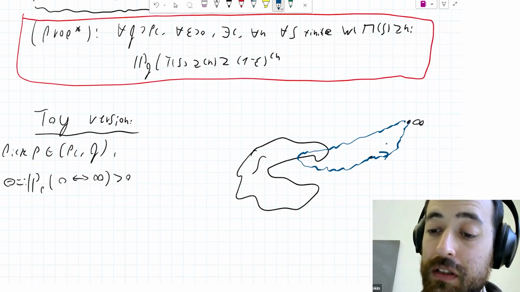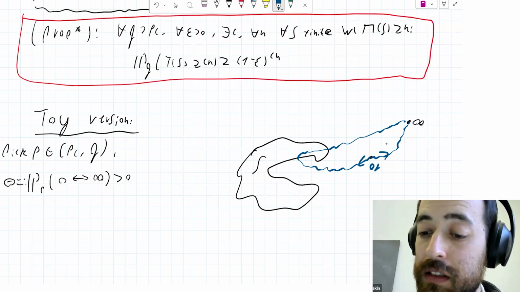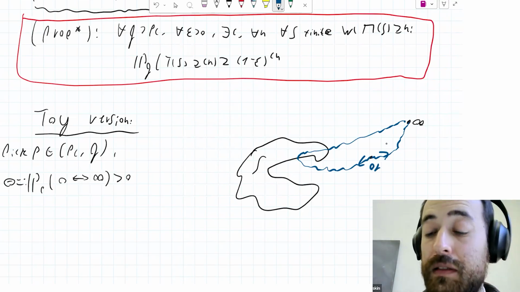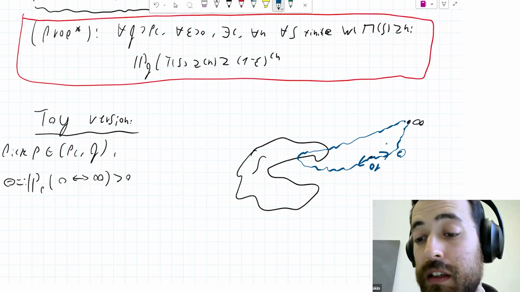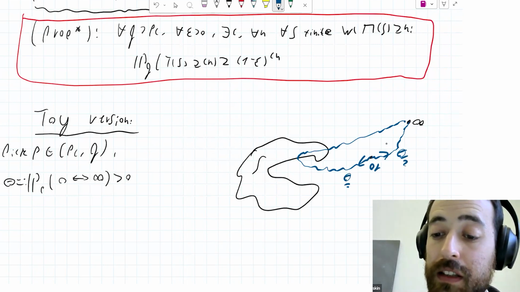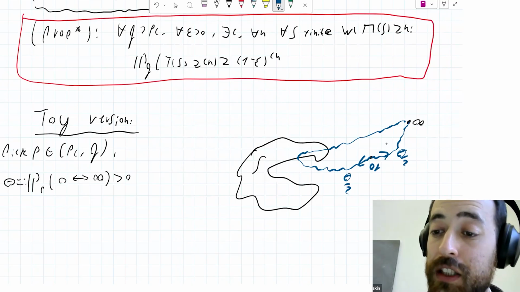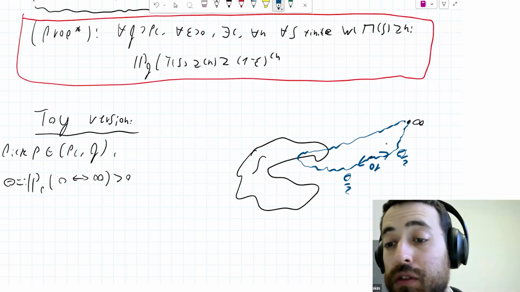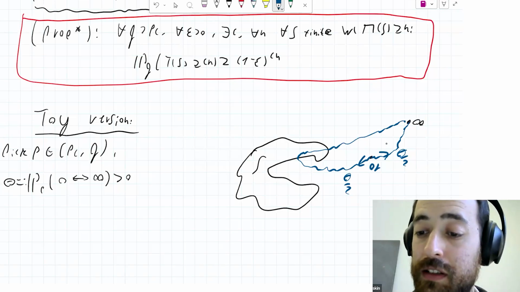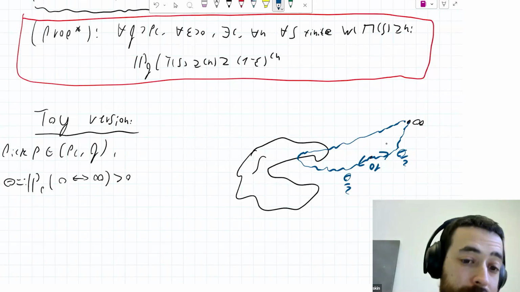But it's not really directed, but these are the two options. So every point has, by union bound, probability at least theta over 2 to go to infinity, and at least theta over 2 to first reach S before reaching infinity. So either to first reach infinity or first reach S. This is the property that we're interested in.